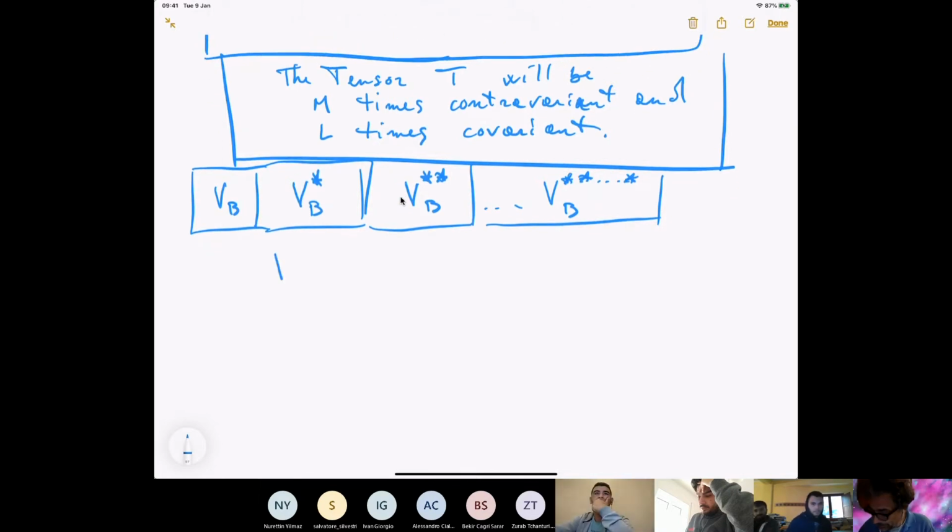Actually, what we can prove is that the double dual is equal, it is not exactly equal, via an isomorphism.